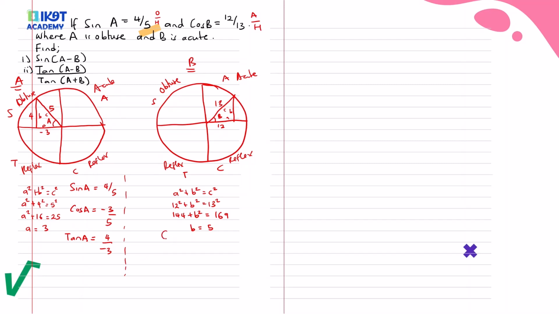Come here, we also had cos B being 12 out of 13, and we got our B is 5. So what is sine B? Sine B is opposite out of hypotenuse. What is tan B? Tan B is opposite out of adjacent, which is 5 out of 12. So we found all of A and all of B. Now we just see what the question needs.